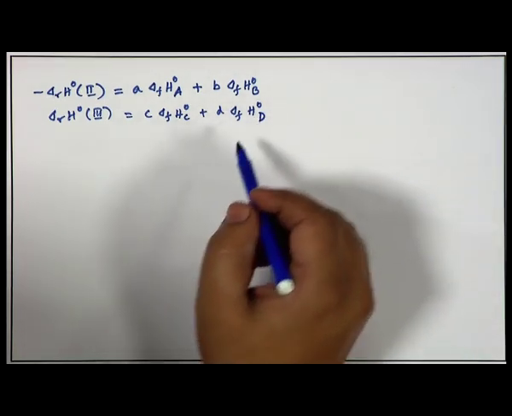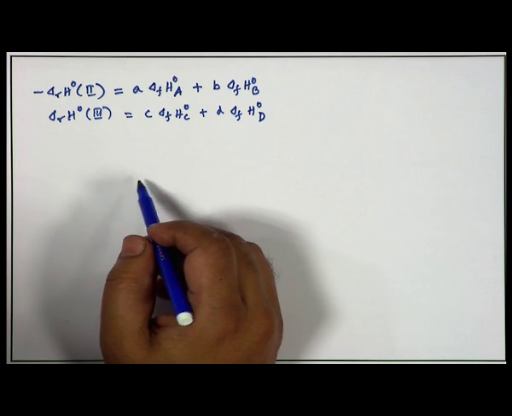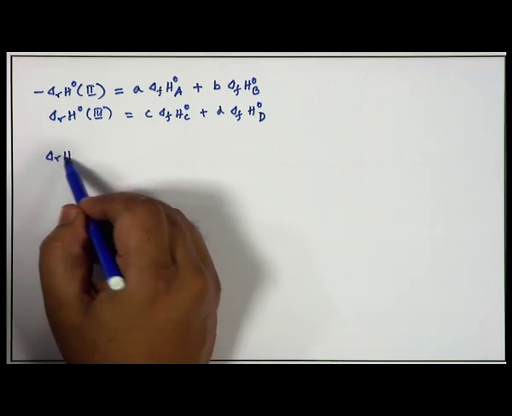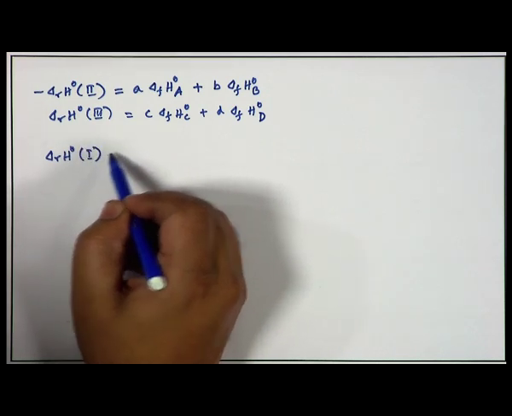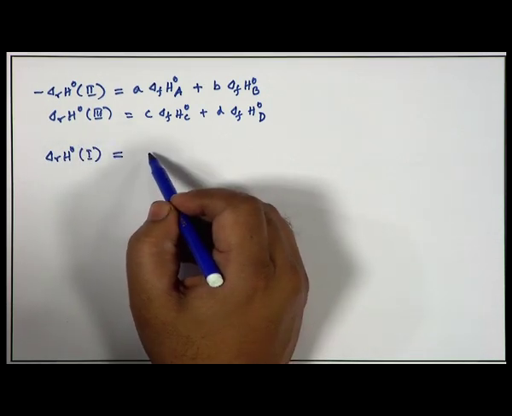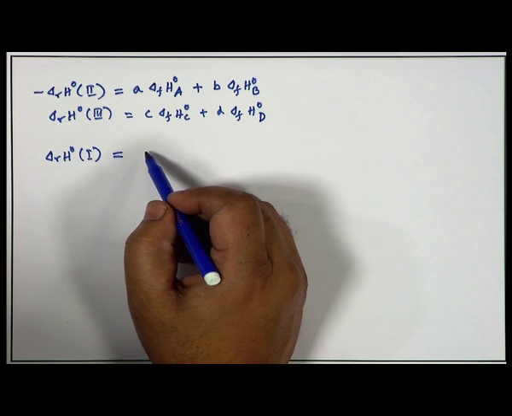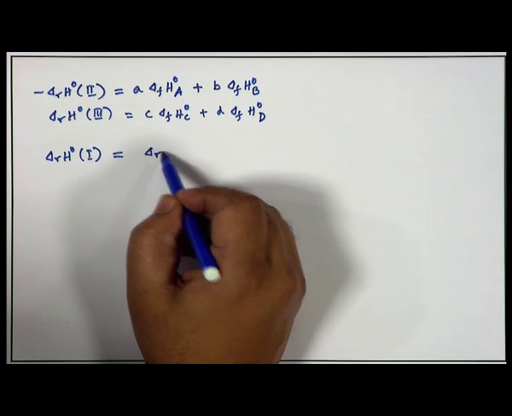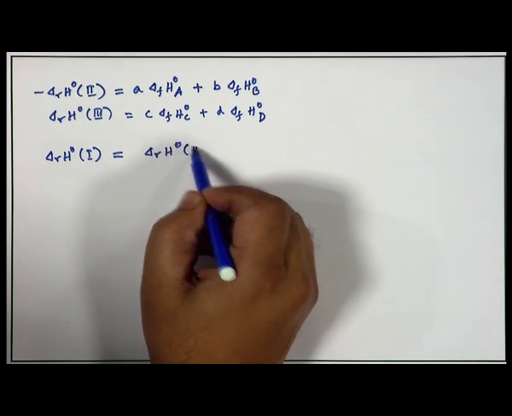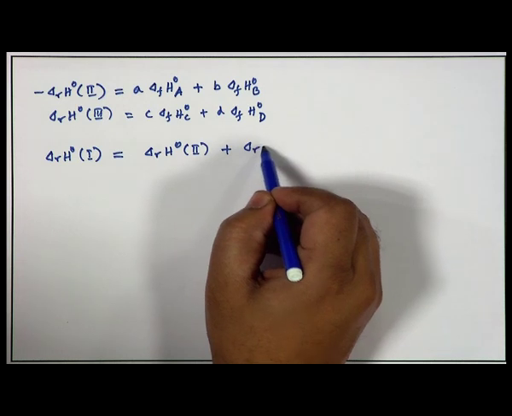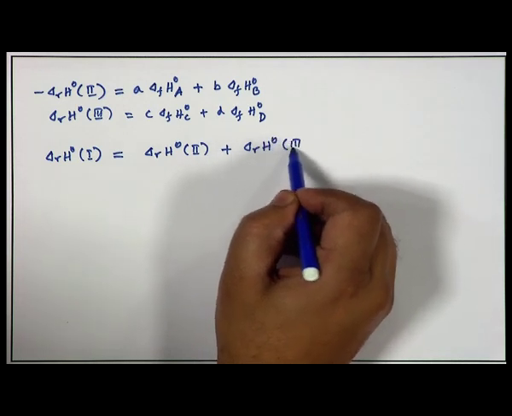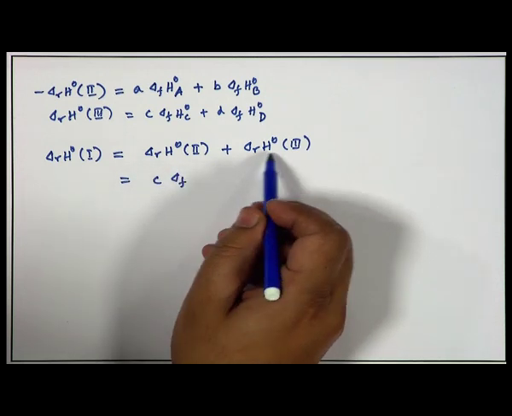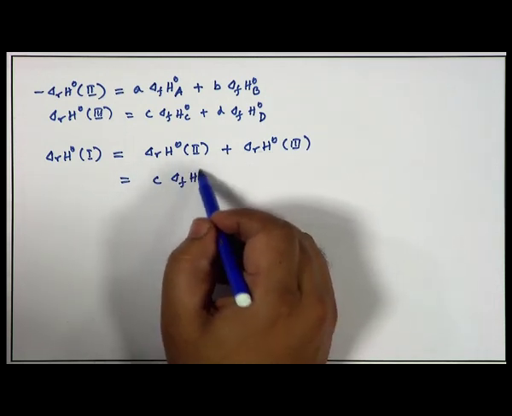Now onwards I probably will not write the temperature going forward. Which means I can write del H 0 for reaction 1 as del R H 0 of 2 plus del R H 0 of 3, which is C del F. I am writing this first because it has a positive sign.